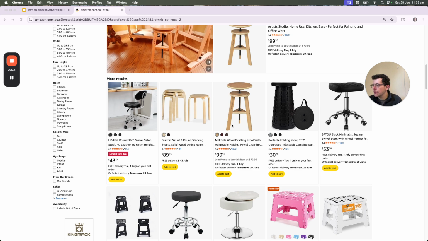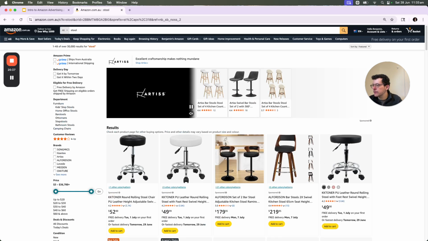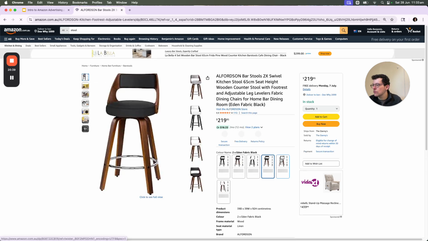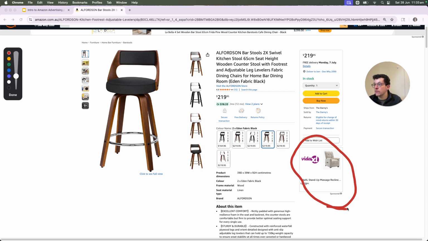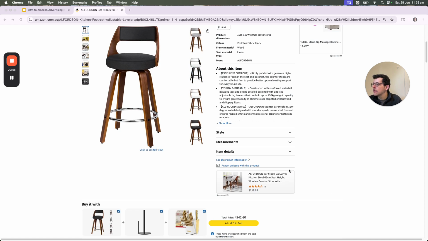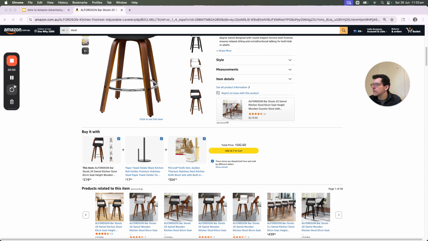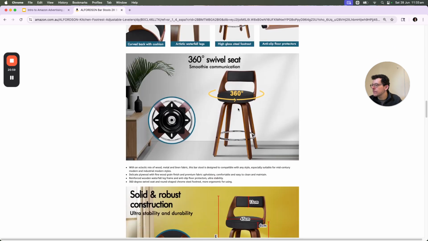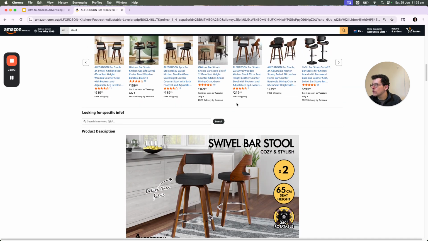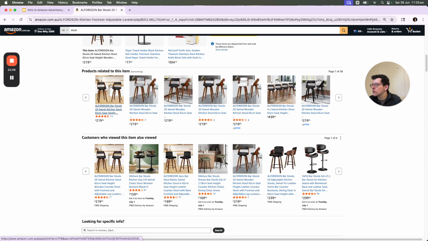Sponsored display is actually, if you open a placement, so a similar example, it says sponsored here, so this is a sponsored display, and then another one over here, oops, yeah, this one here. And then if you keep scrolling down, this is a sponsored product.